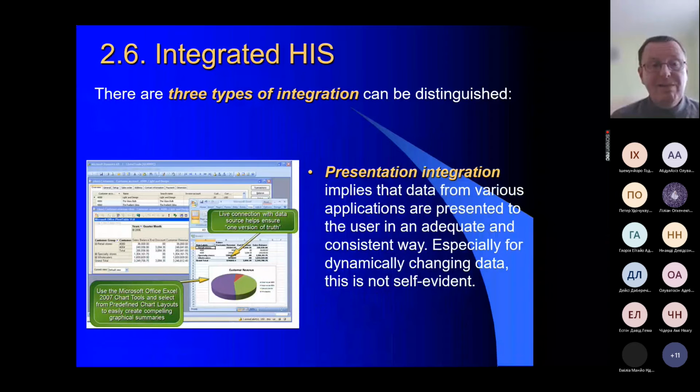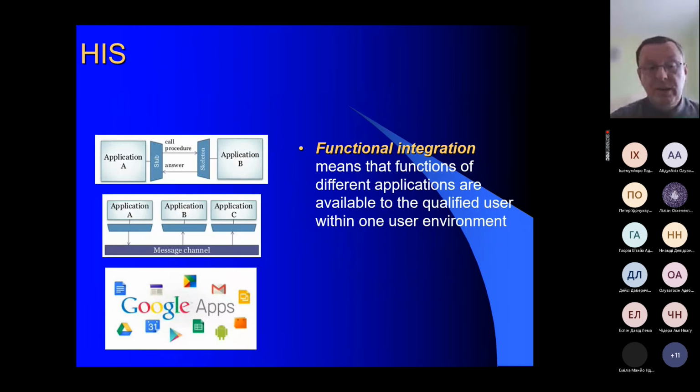The next level of integration is presentation integration. The data from various applications have to be presented to the user in an adequate and consistent way. A nice example is a solution like Microsoft Office or Google Workspace, which gives us uniform access to data.